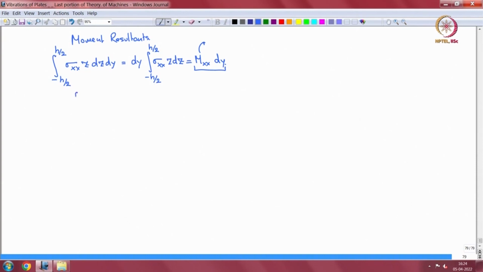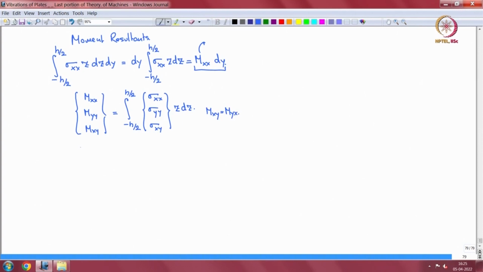So all the moment resultants can be put together this way: mxx, myy, mxy is equal to the integral from minus h by 2 to h by 2 of sigma xx, sigma yy, sigma xy, z dz, okay, and mxy is equal to myx, because the radii are infinite in both directions.